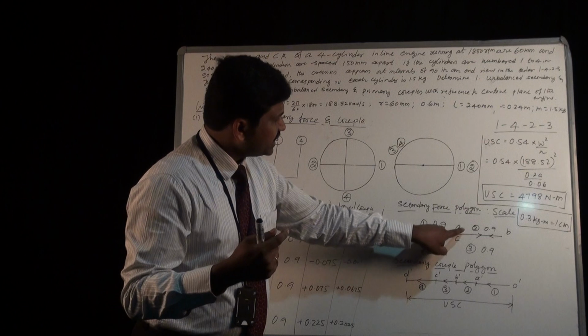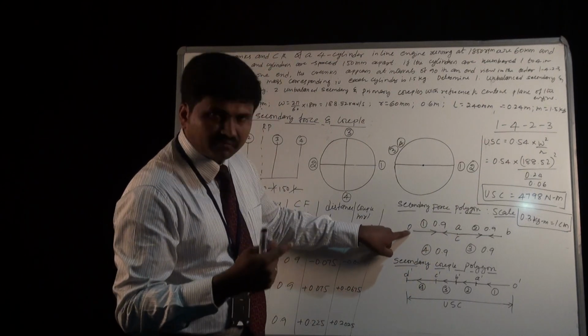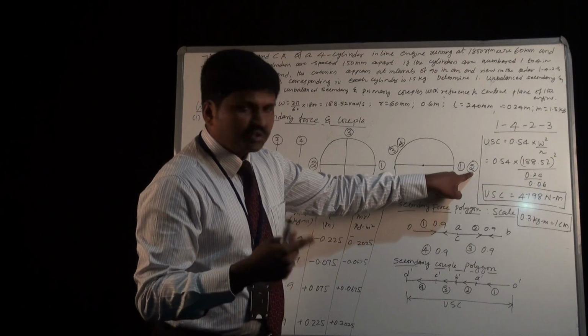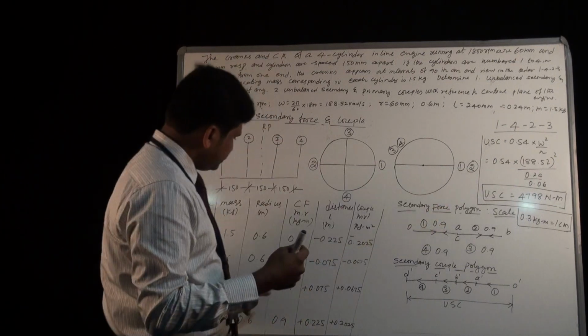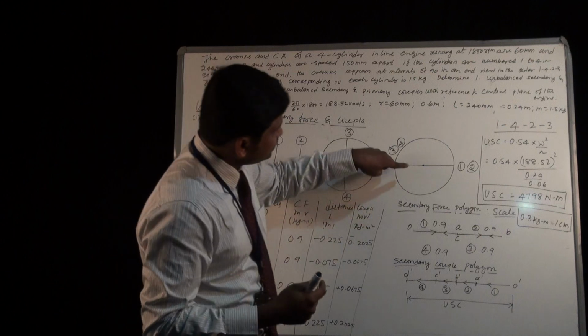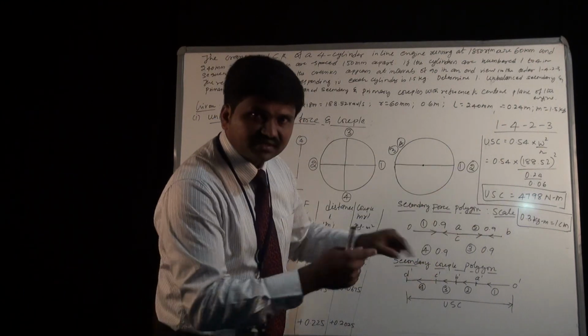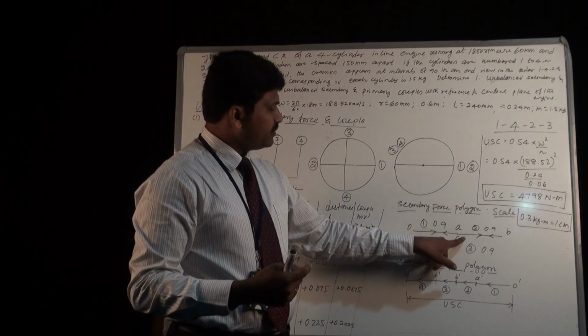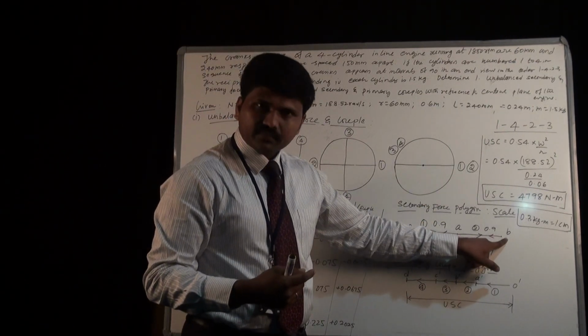We were at O, now we are at point A. Next, 2. 2 is again 0.9, and 2 is in this direction. Again draw a 3 centimeter line in the direction of 2. We were at A, now we are at point B.